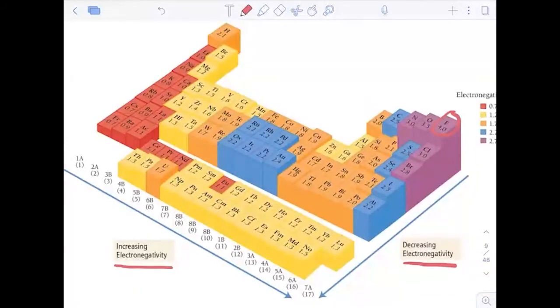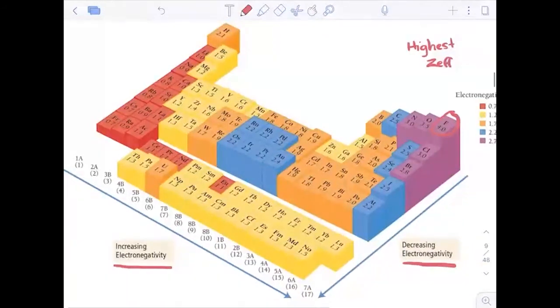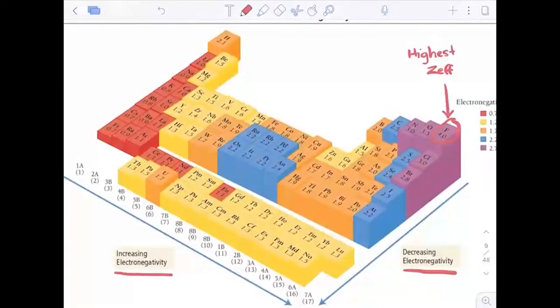Well, he has the highest Z effective, and that Z effective tells us that he pulls the valence electrons the most, and he is also the smallest in the row.